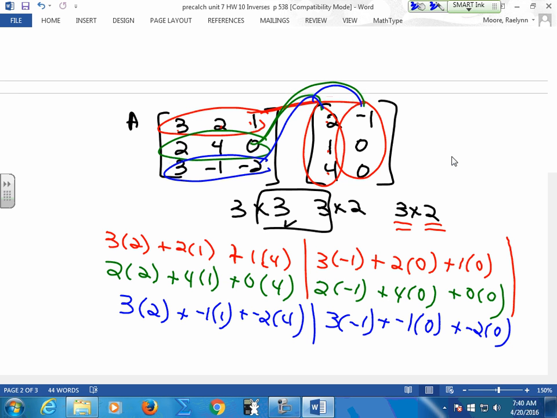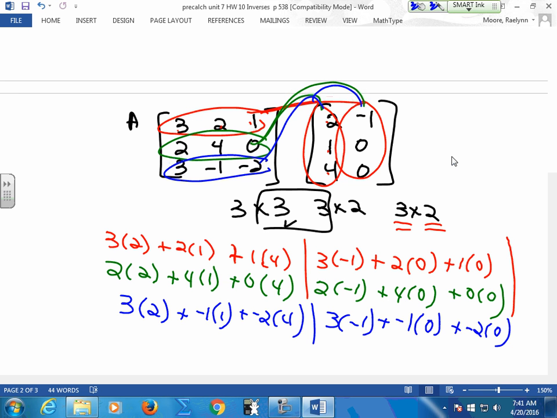Now, the reason I like to write these all out is because look at your pattern. All of these 2's, all of these 1's, 4's, negative 1's, 0's, aren't those where your columns come from? And then 3, 2, 1, 3, 2, 1. See it? This is another column right here.